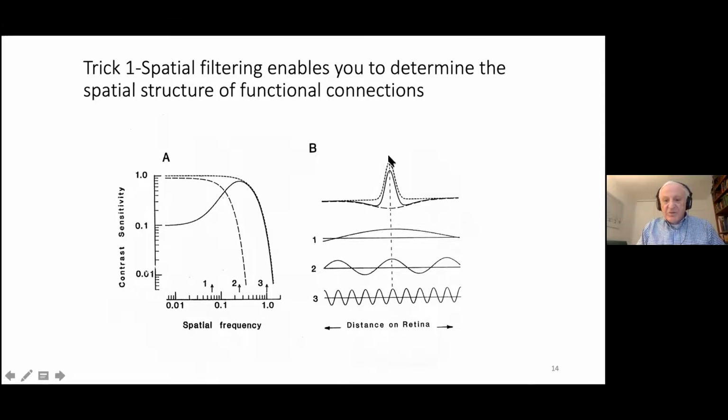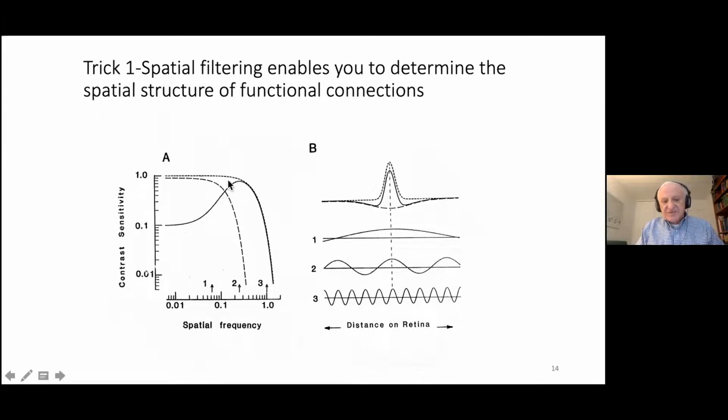That is to say, one which has no negative component. And this more coarsely tuned one, the tuning curve of this mechanism indicated by the coarse dashes, traces out the spatial frequency tuning curve of this coarse dashed profile down here. So if we see a spatial tuning curve studied with a series of grading patterns that looks low pass, we can make the inference that the spatial profile is monophasic.